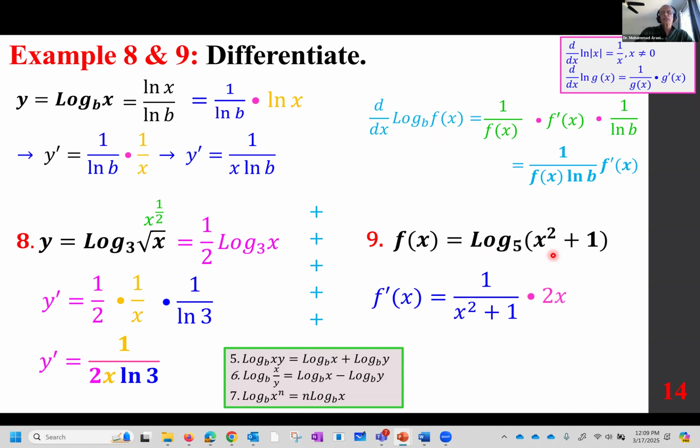And finally, since the base is not e, 1 over ln of the base 5. So you rewrite this, 2x in the numerator, this in the denominator, and you definitely don't want to keep the parentheses after that. Okay, so you write 2x over x squared plus 1 times ln 5.